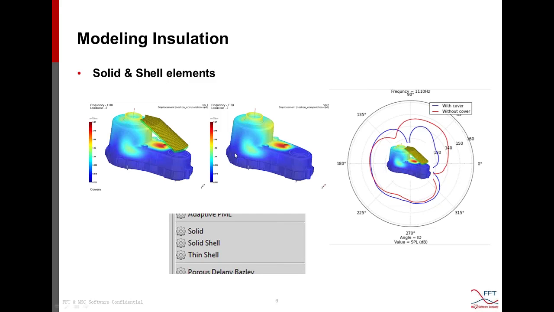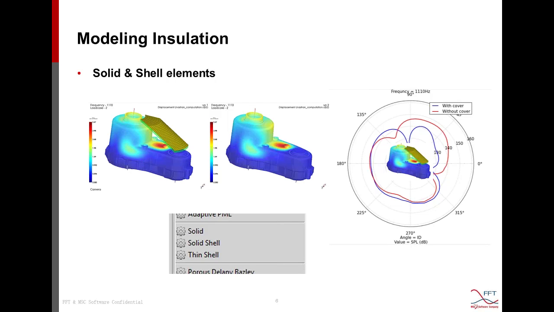Now, let's take a look at this example where we have a gearbox that is radiating acoustic waves, and by putting a cover beside this gearbox, we obtain a modified acoustic directivity at a certain frequency around this cover.